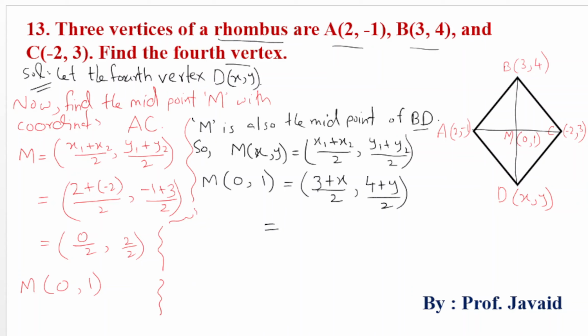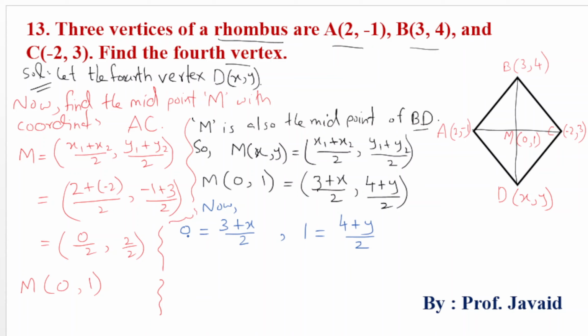So now 0 equals (3 plus x) over 2, and 1 equals (4 plus y) over 2.